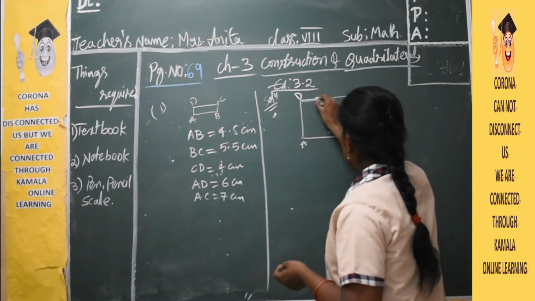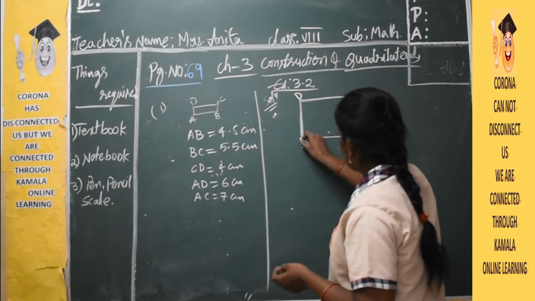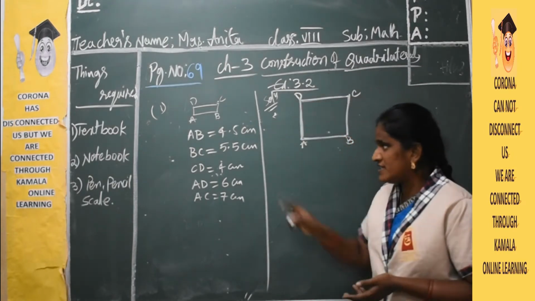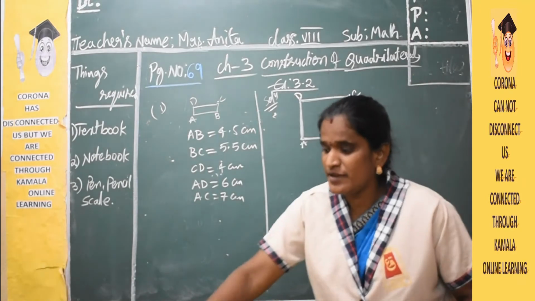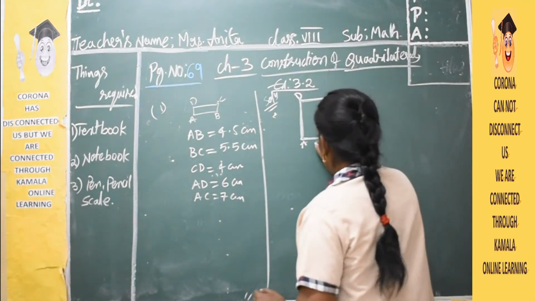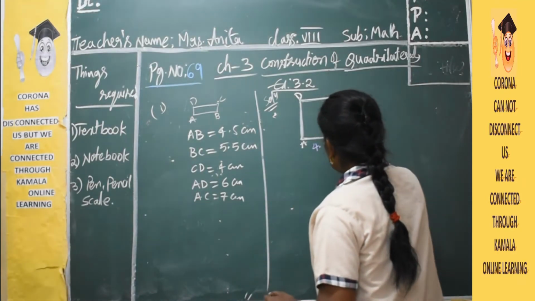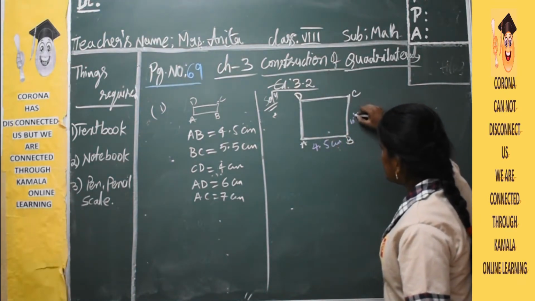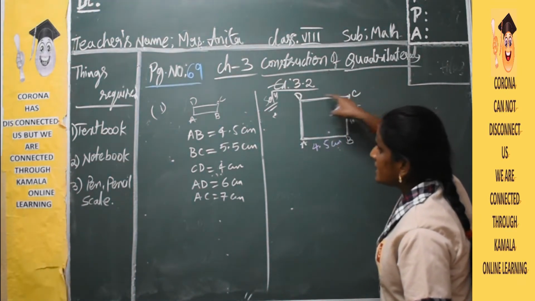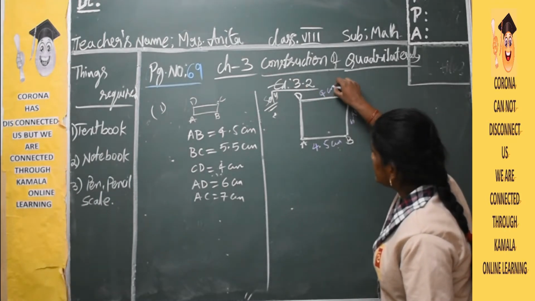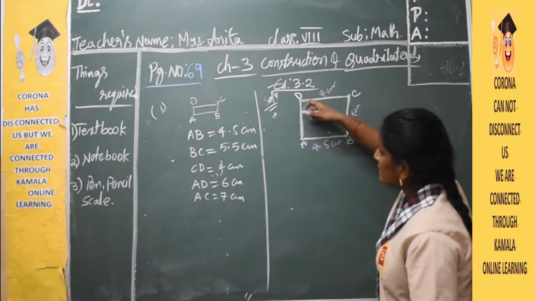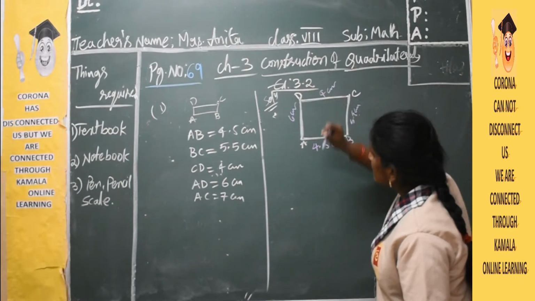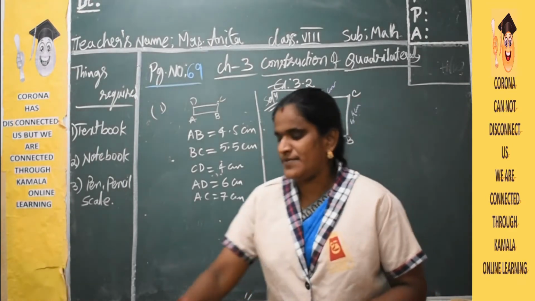ABCD. Okay children, in this AB length is given. What is the AB length children? 4.5 centimeters. Next BC length 5.5 centimeters. Next, CD length 4 centimeters. Next, AD length 6 centimeters. Then they are given AC.